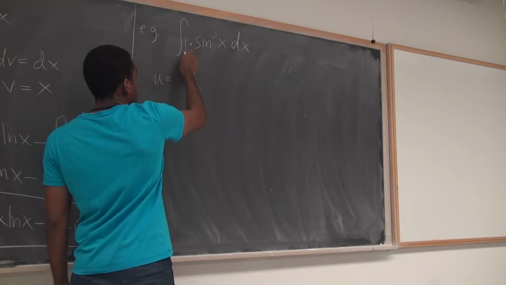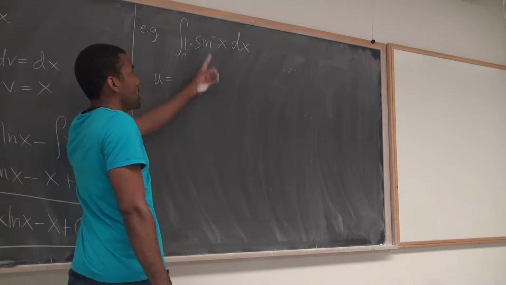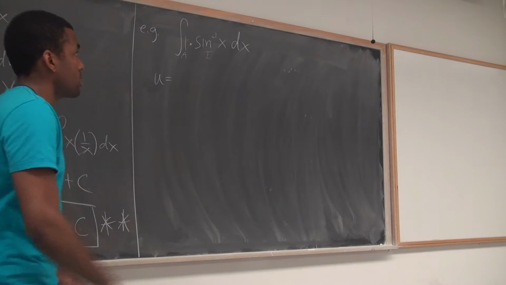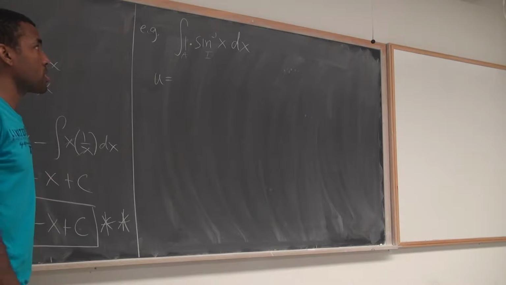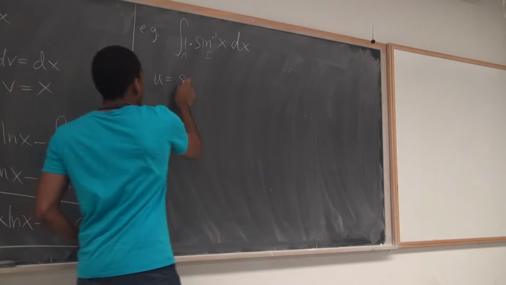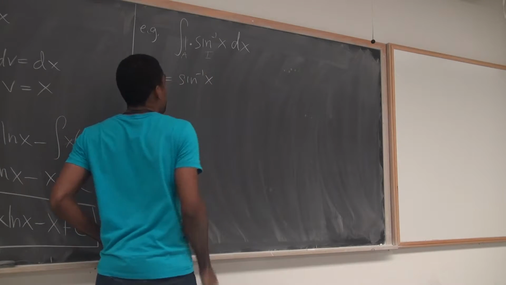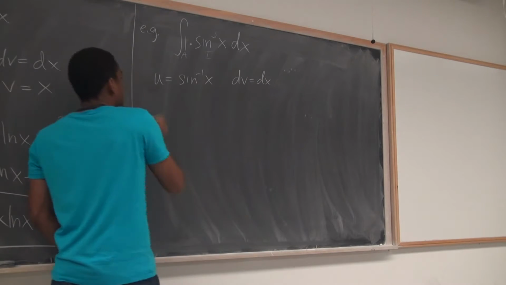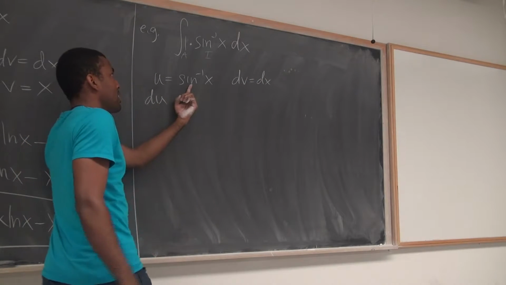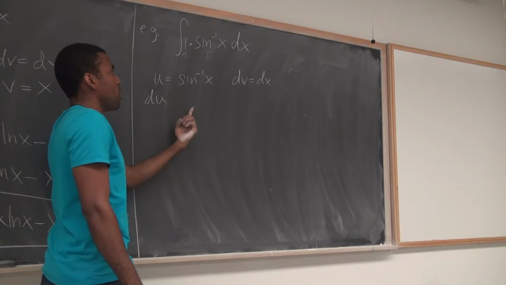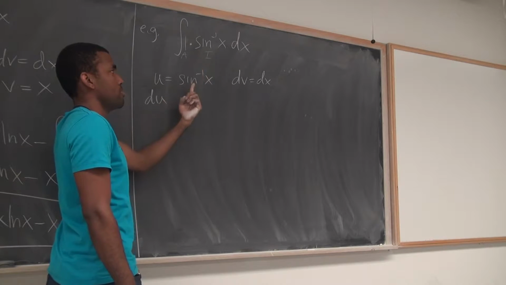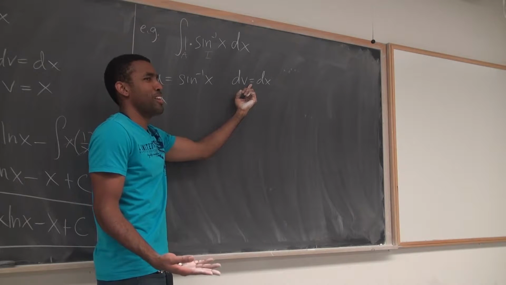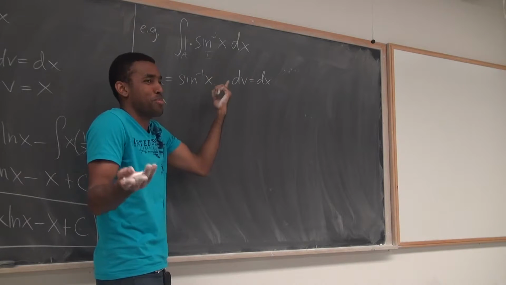So 1 is an algebraic. This is inverse trig, right? LIATE. So who comes first? Sine inverse of x must be the u, which means my dv must be dx. Luckily, this is one of the ones where you almost don't have to think about it, because if your sine inverse was the dv, you'd have to integrate that, but that was the problem in the first place.